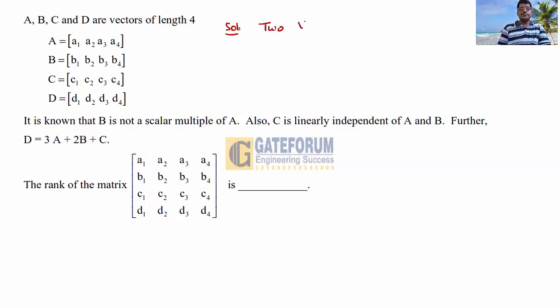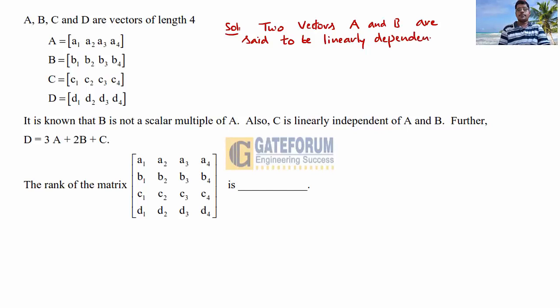Two vectors A and B are said to be linearly dependent if one is a scalar multiple of the other.